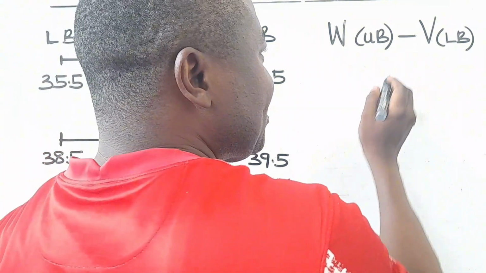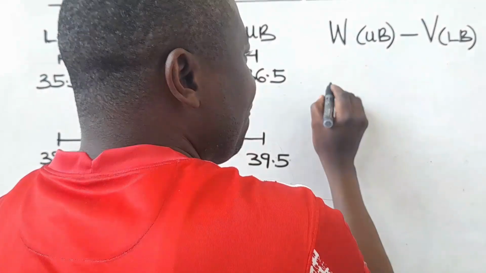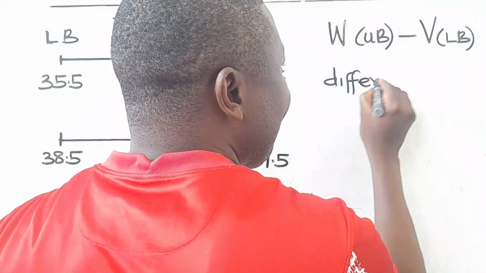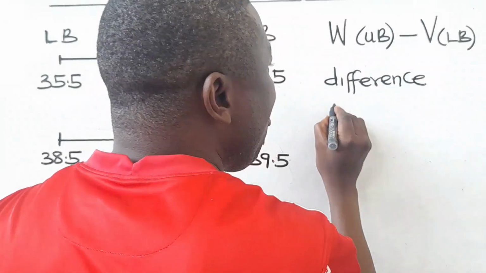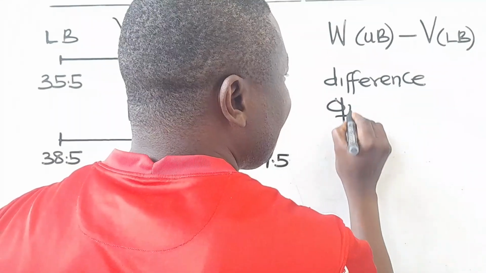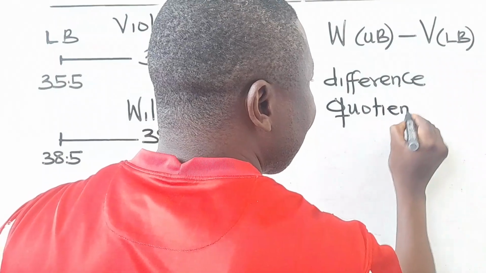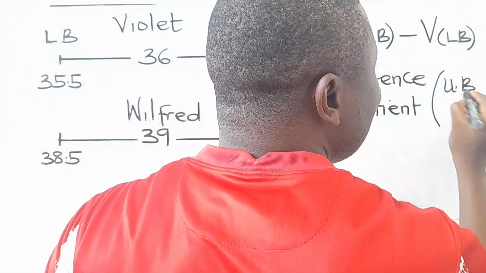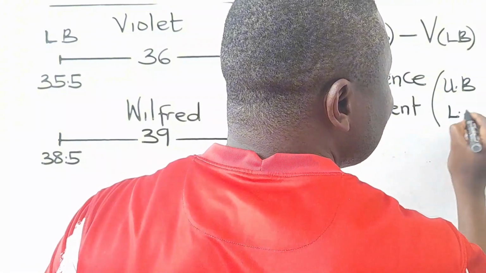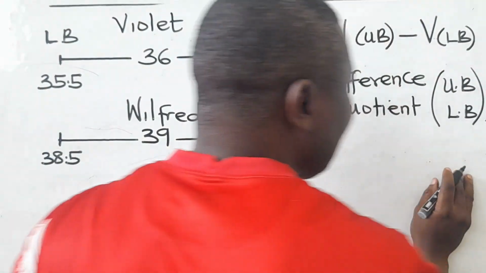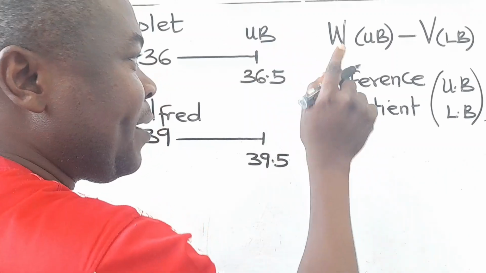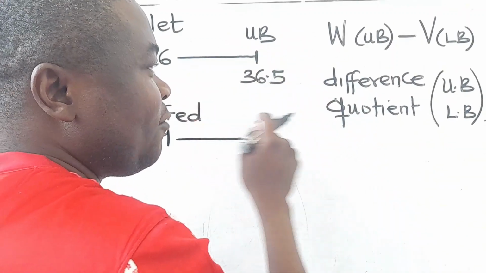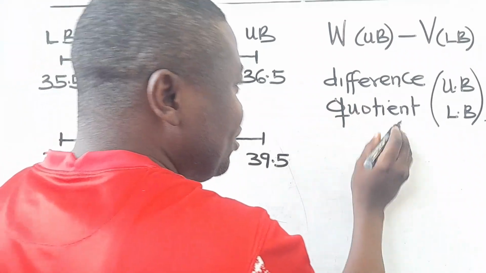For difference or quotient, we're going to use the upper bound of the first value and the lower bound of the second value.